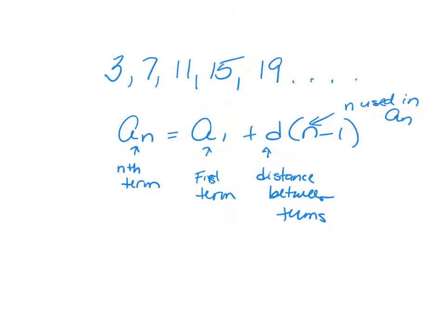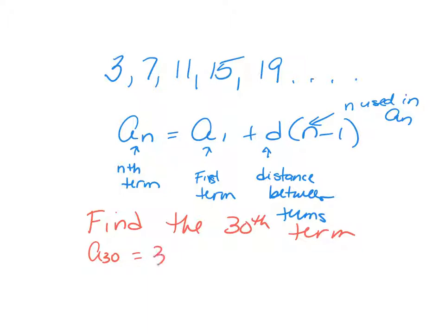So let's say I want to find the 30th term. Well, An is going to be A30, because that's what I'm finding, the 30th term, equals, what is the first term of the series? 3. 3 plus, what's the distance between terms? 4.